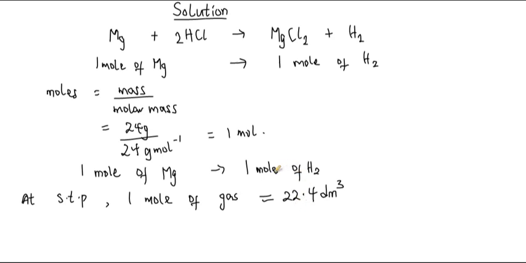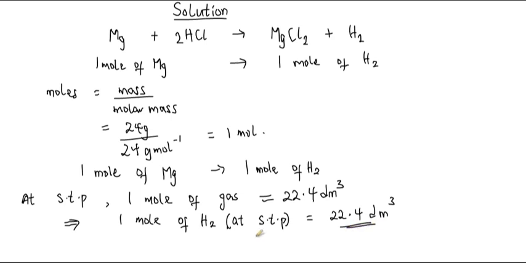Now the number of moles of hydrogen gas that was evolved is 1 mole, and we are being asked to calculate the volume. So if 1 mole of gas at s.t.p is 22.4 dm cube, this implies that 1 mole of hydrogen gas at s.t.p will also contain 22.4 dm cube, and this will serve as the final answer.